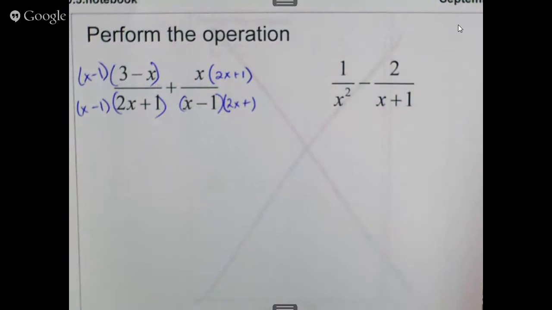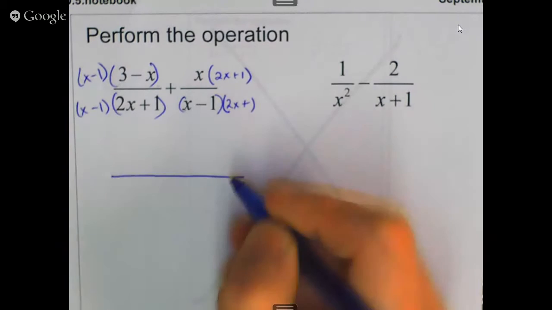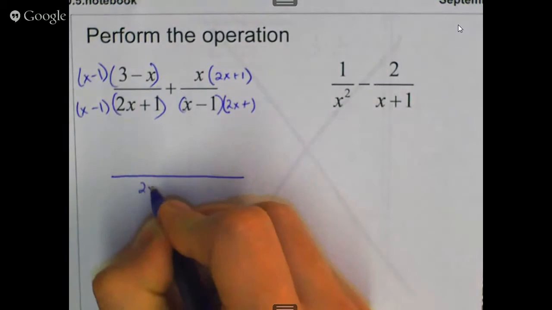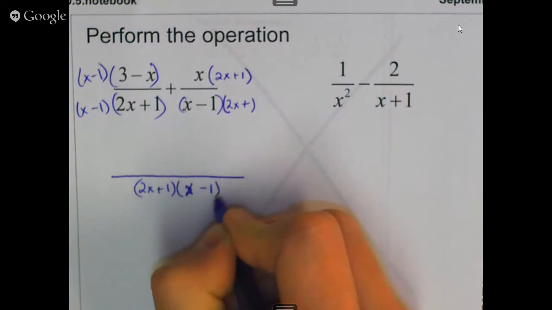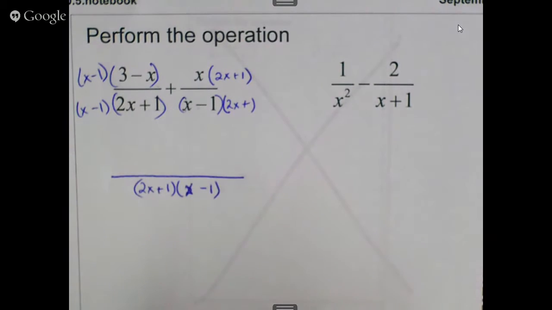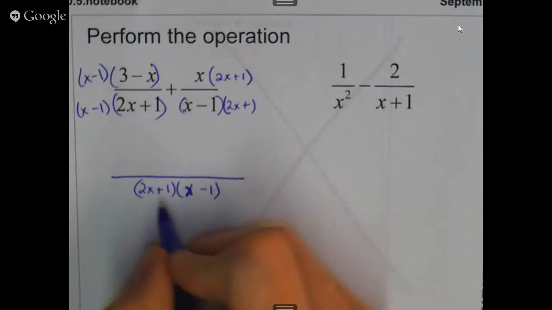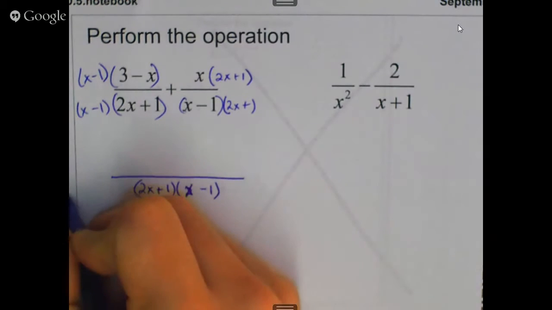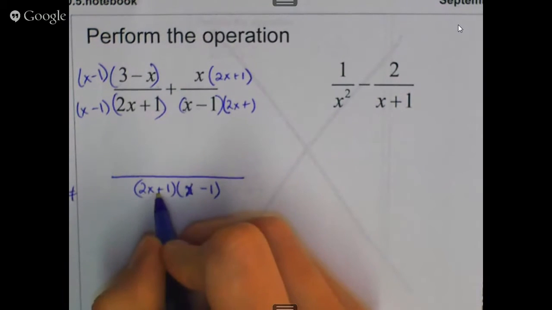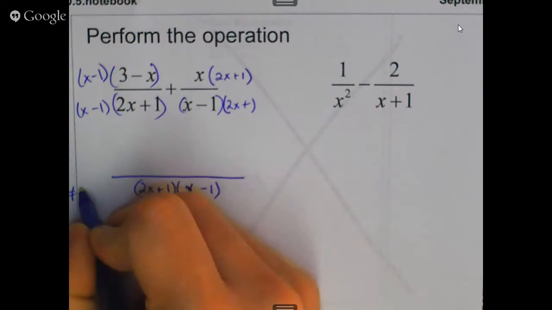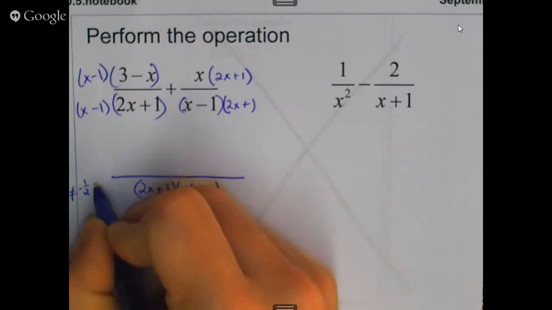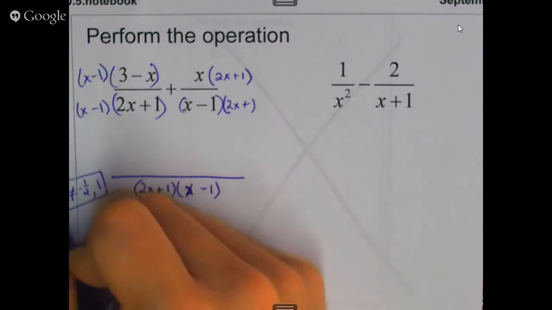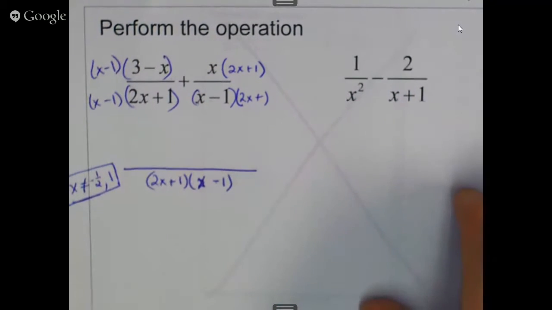My common denominator would be (2x plus 1)(x minus 1). Now restrict the domain. For the first, subtract 1 and divide by 2, so x cannot be minus a half, and add 1 to the other side, so x cannot be 1. There's your restriction.